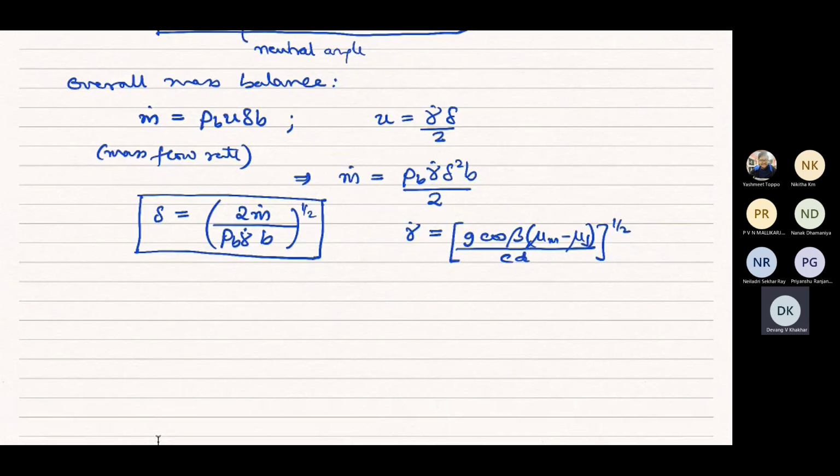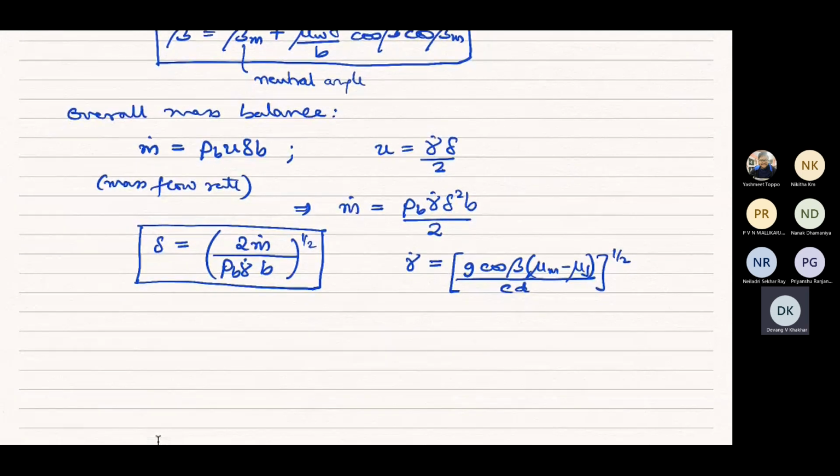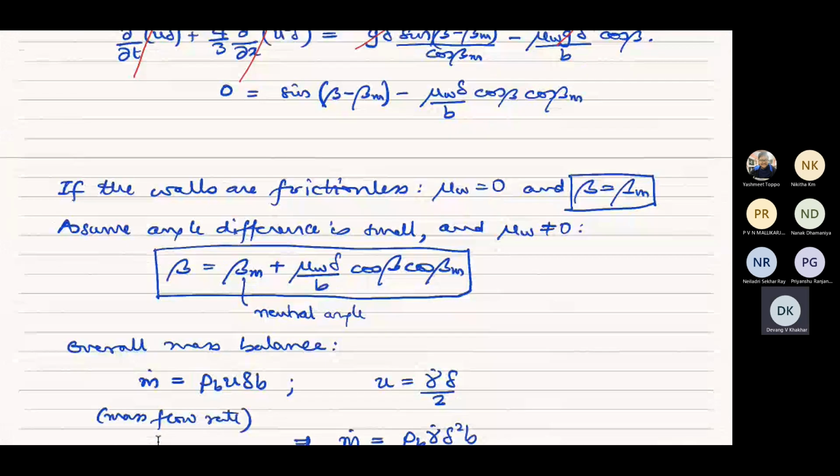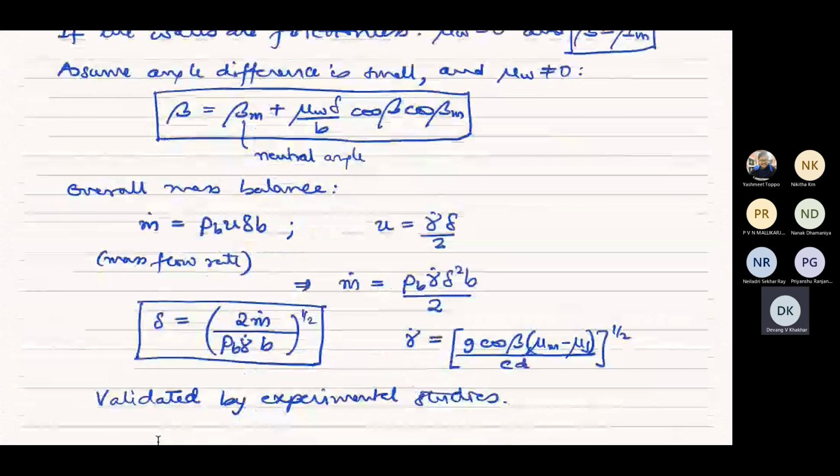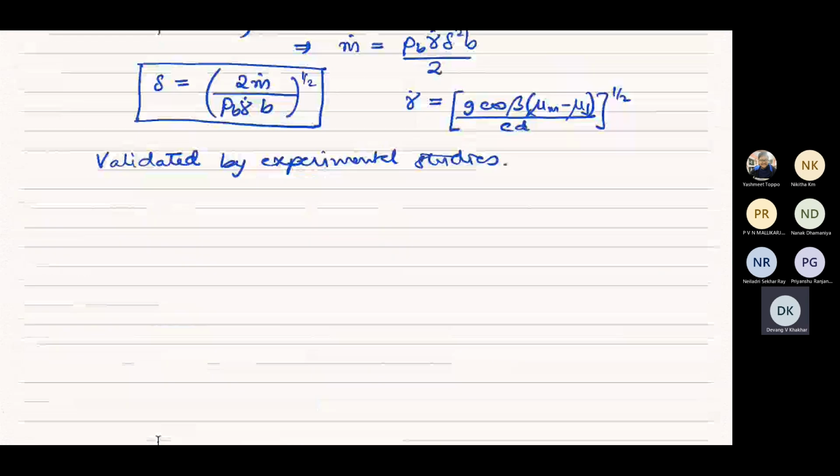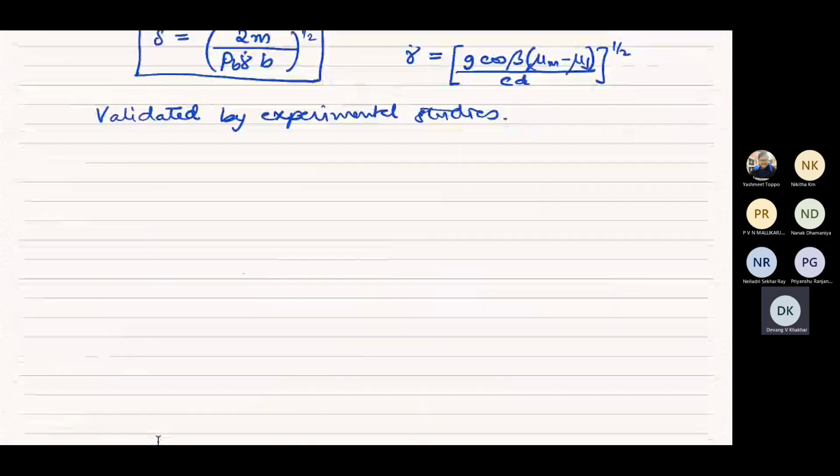And I'll show you a presentation later that the experiments in fact do show that this is correct. So I'm going to just write over here all these things are validated by experimental studies. Okay, so in fact this simple model is able to predict experimental results quite well.